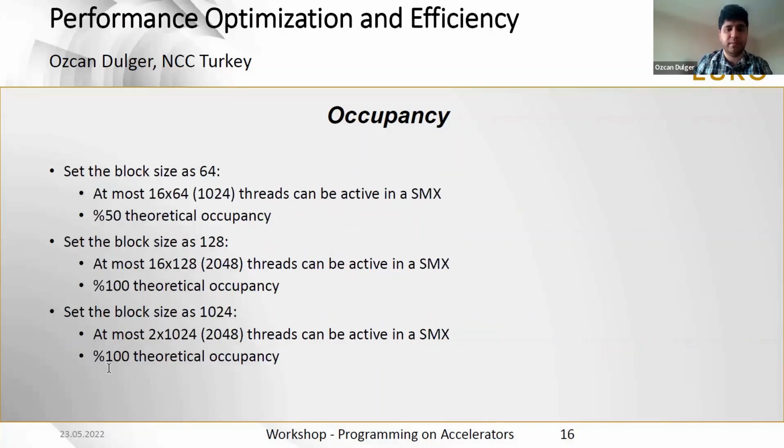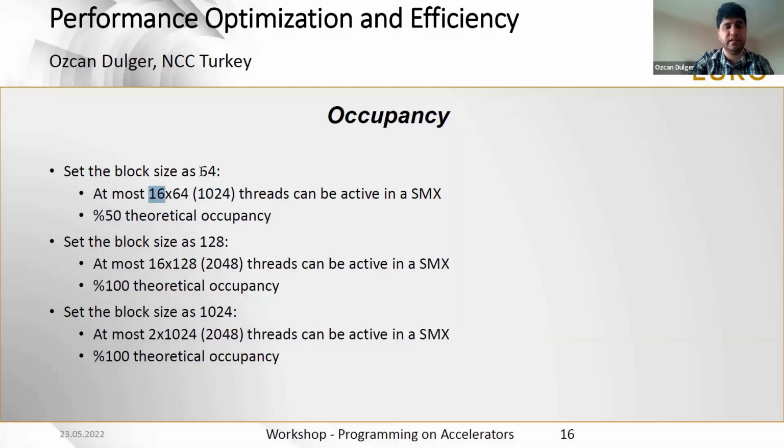So let me show you some examples about it. If you set the number of threads in a block to 64, at most 1024 threads can be active in a streaming multiprocessor. Why? Because of the limitations of the board, at most 16 blocks can be active.